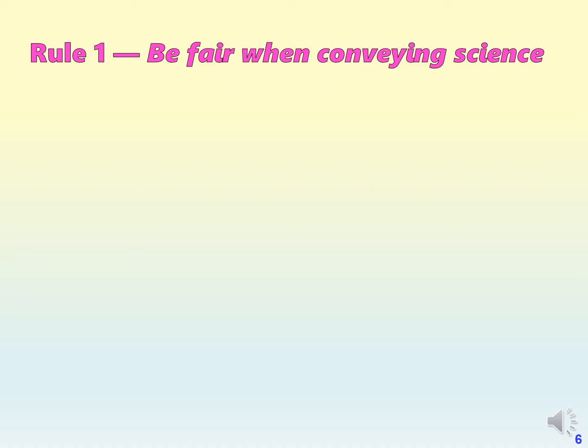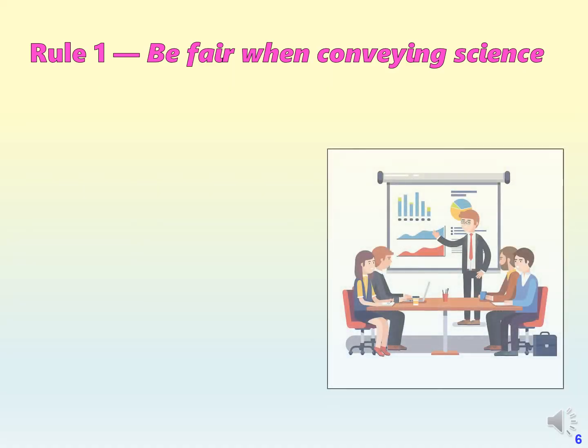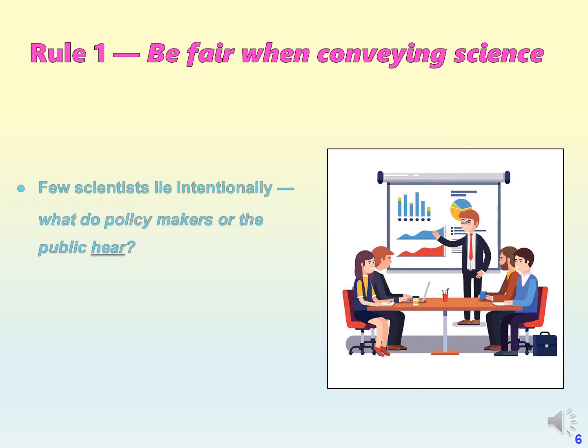The first rule: be fair when conveying science. What you want to do is definitely do not lie, but most scientists don't lie intentionally, but also you want to focus on what the public or the policymakers actually hear.